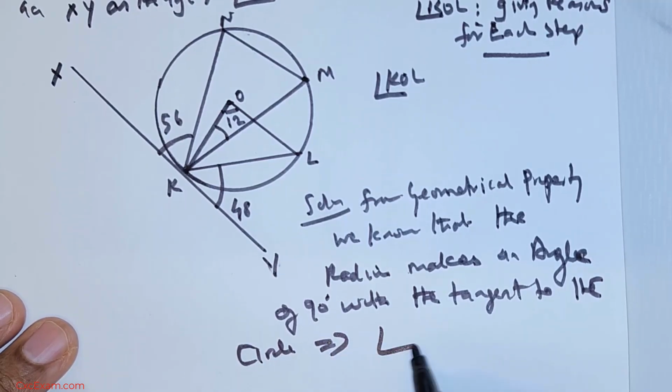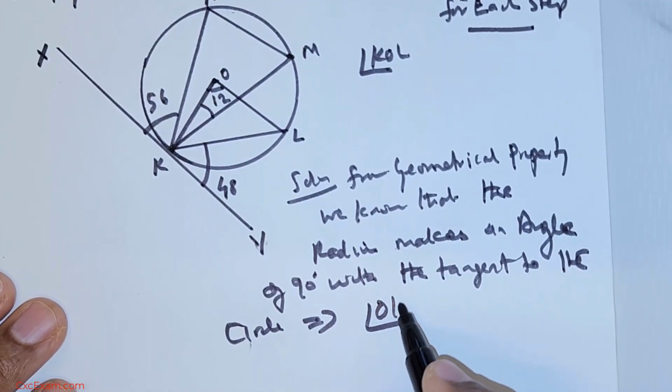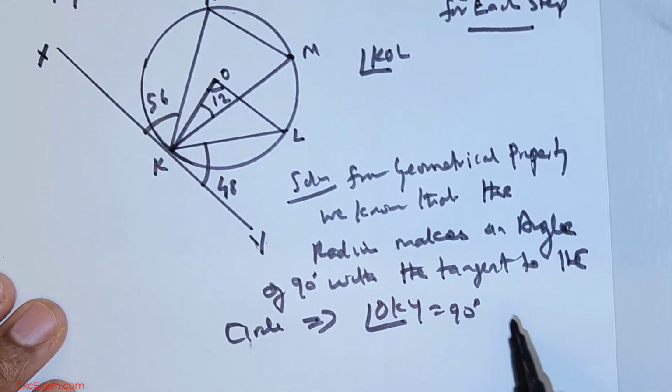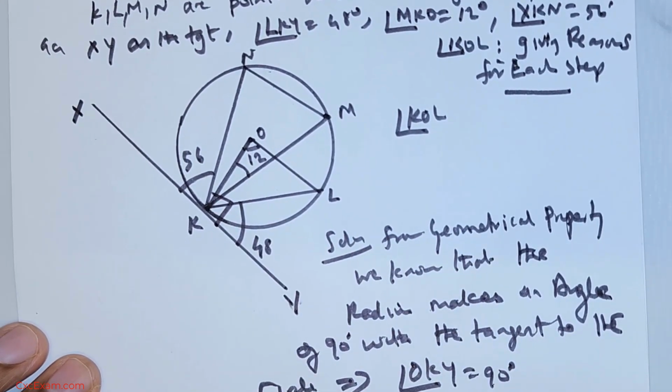Okay, this means OKY is equal to 90 degrees. So this is 90, right?